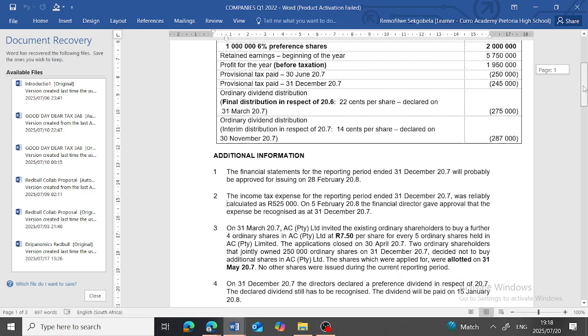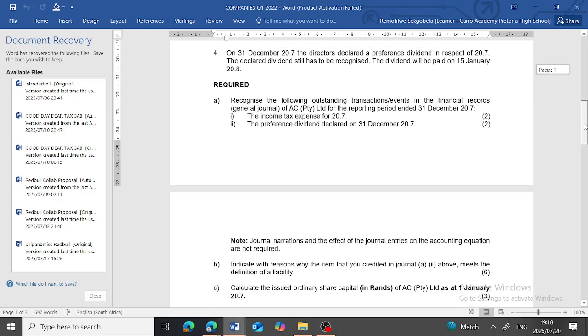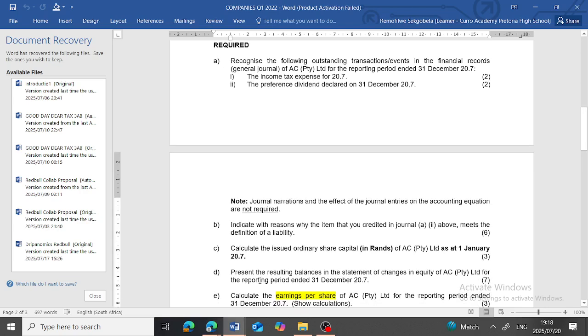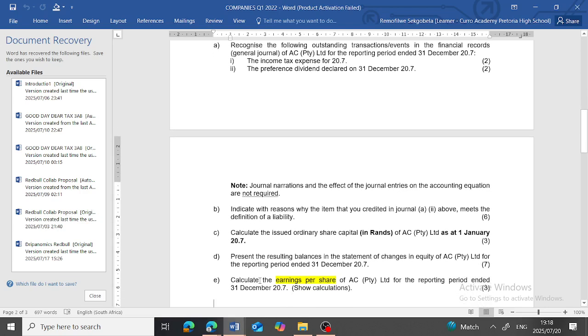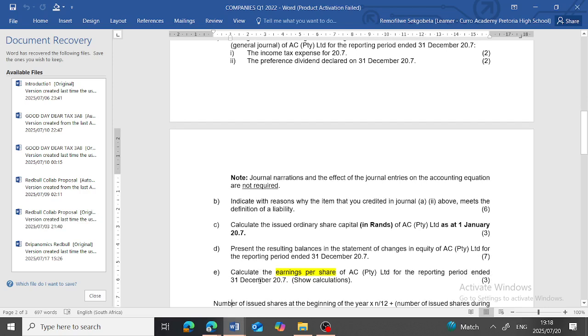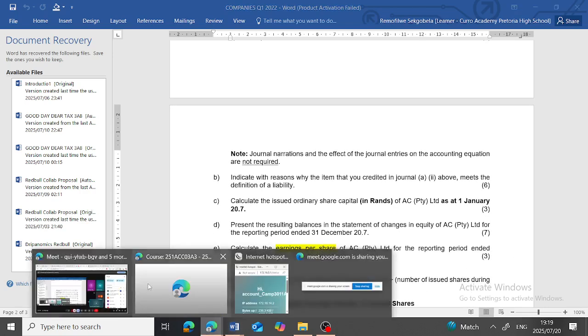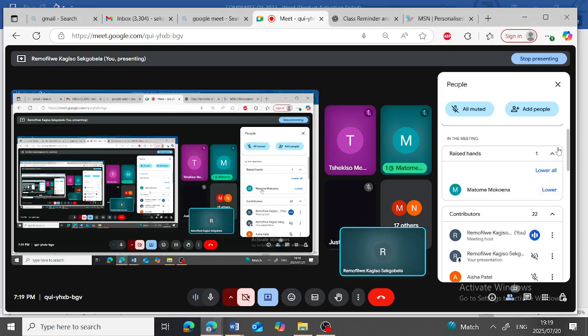You're given additional information, and then we go to what is required: journalize the outstanding income tax expense and preference dividends, give reasons why the item meets the definition of a liability, calculate the issued ordinary shares in rands, and then calculate earnings per share. Relatively easy, right?